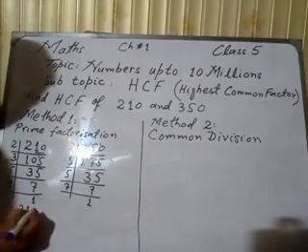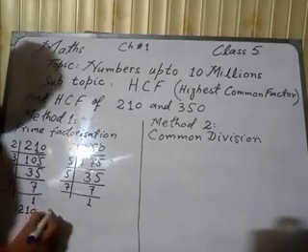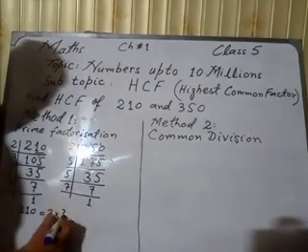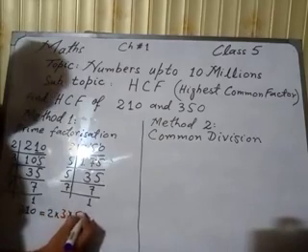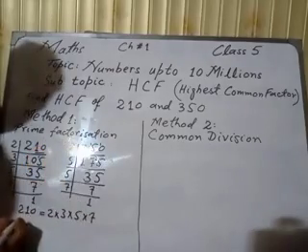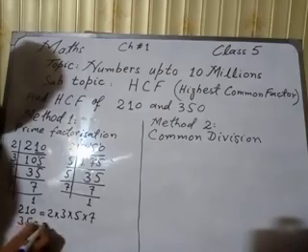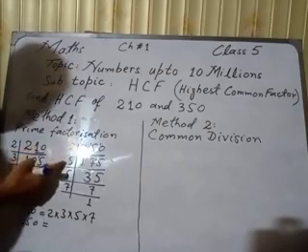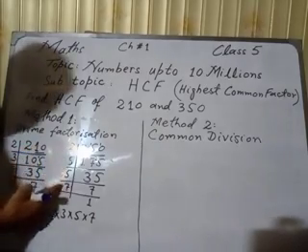Now you can see that 210 equals 2 multiply by 3 multiply by 5 multiply by 7, and 350 equals 2 multiply by 5 multiply by 5 multiply by 7.